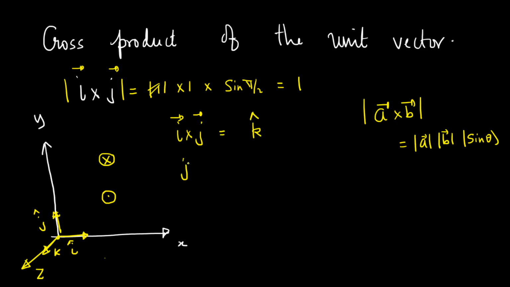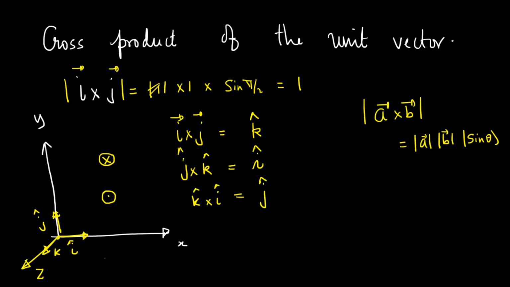And similarly j cross k, just go ahead and convince yourself that it is equal to I, and k cross I is equal to j.